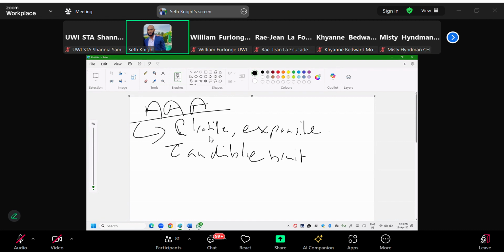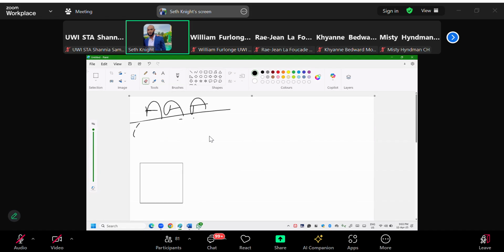So a pulsatile expansile mass with an audible bruit in the region of the abdominal aorta. Duh. This is your classic presentation. That is an abdominal aortic aneurysm that warrants serious investigation because you might have to repair this. You'll see the criteria to repair.